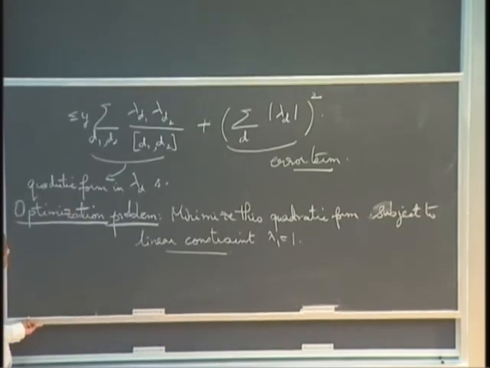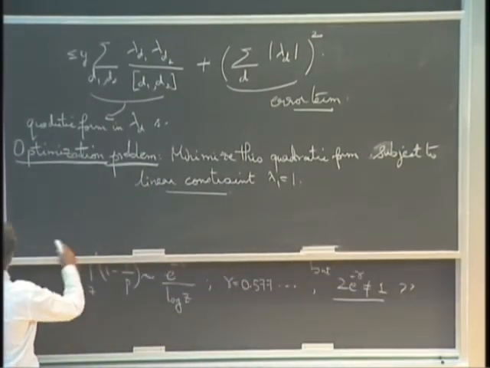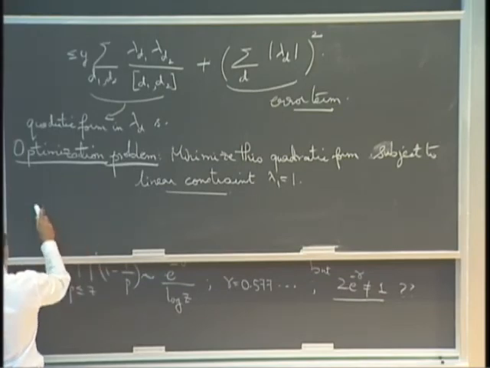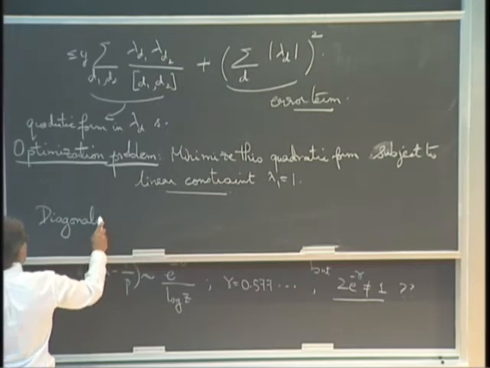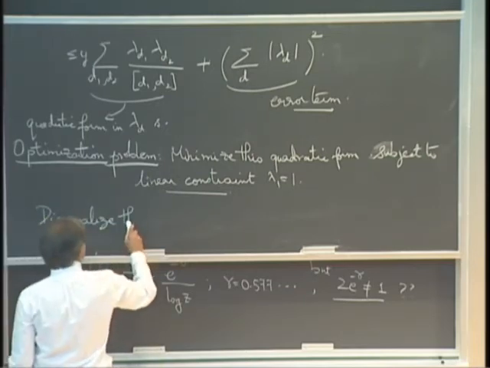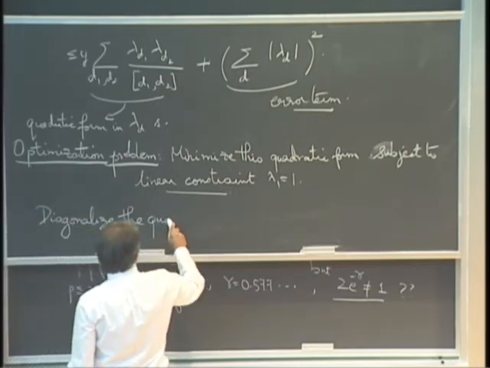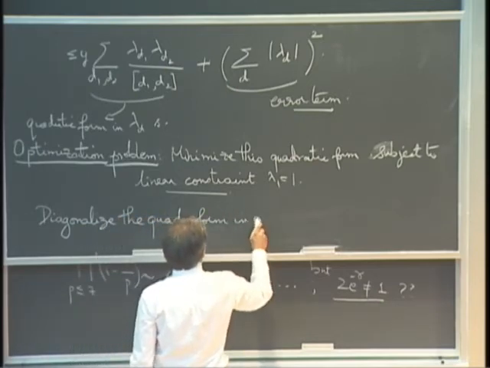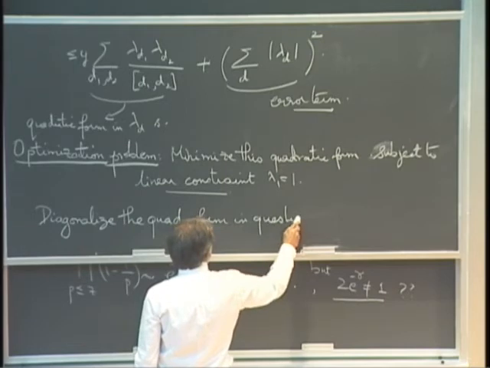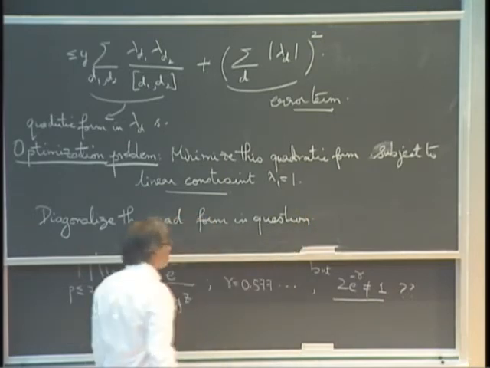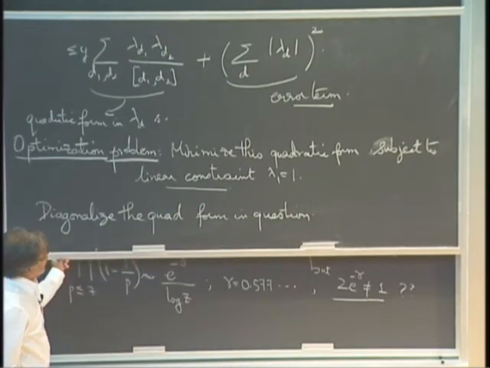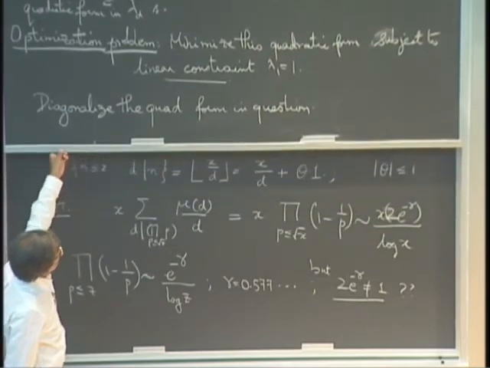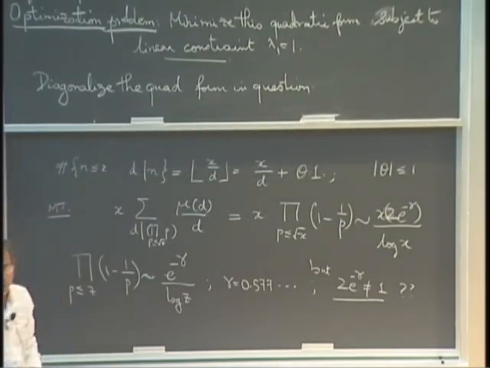So how do we do this? One idea which was carried out by Selberg is that we just diagonalize the quadratic form. Okay, so how do we do that?